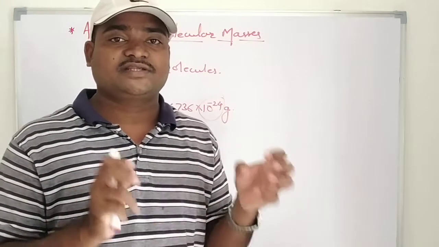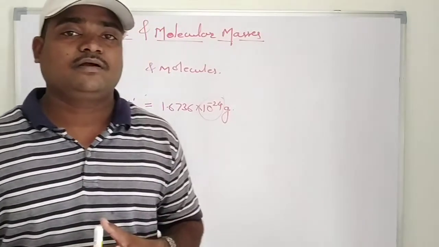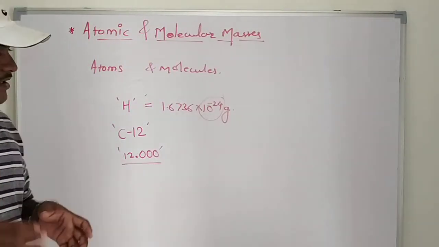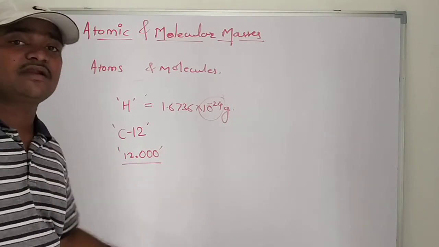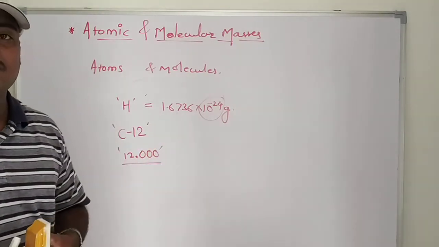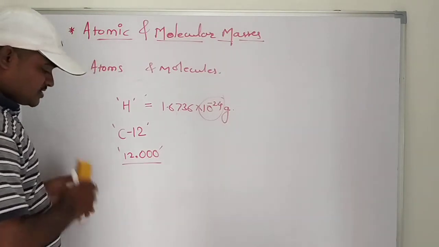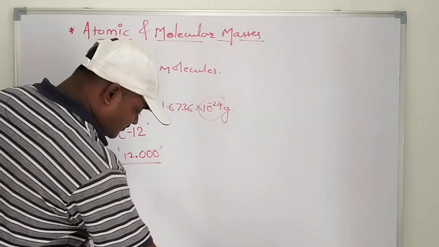So a 1 kg standard, you can measure the sugar against it. Like that, here also carbon C12 is chosen as an internal standard for the measurement of atomic weights of other elements. This is a very important concept, students.